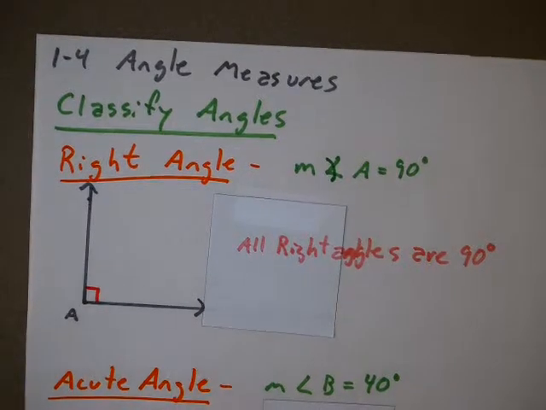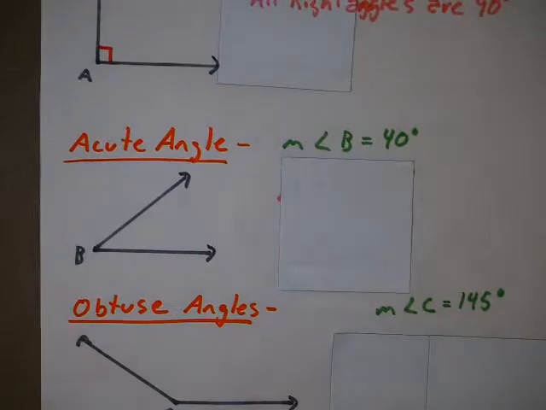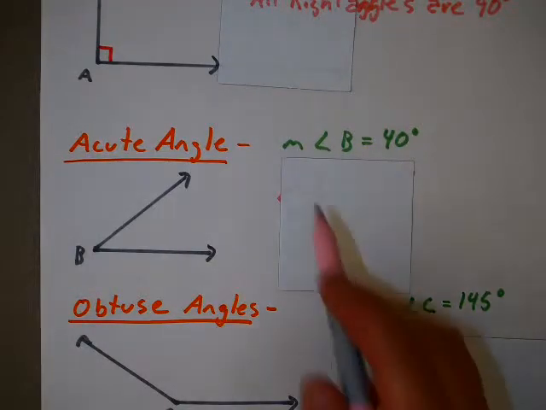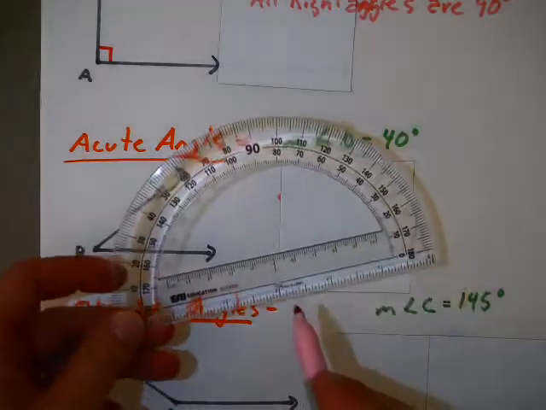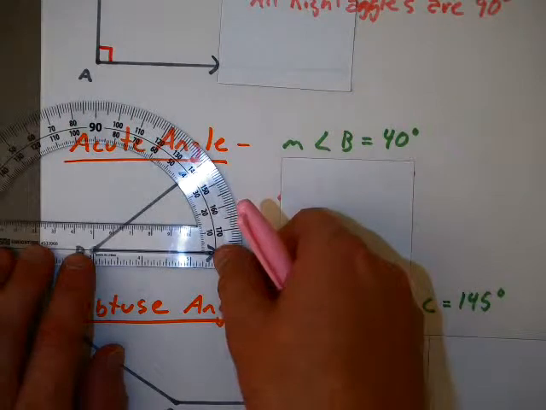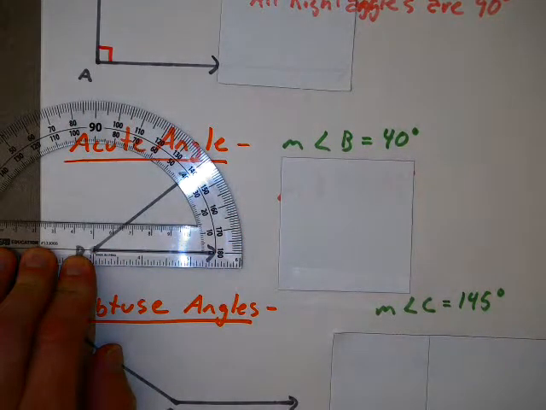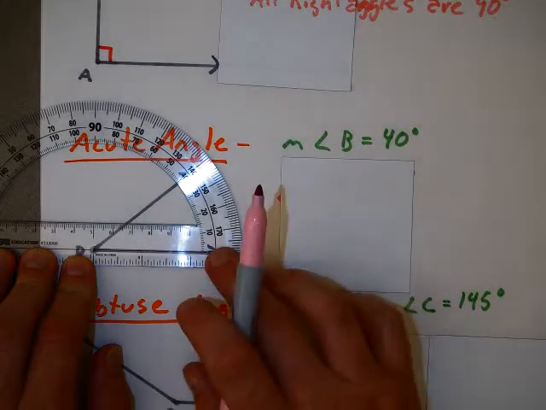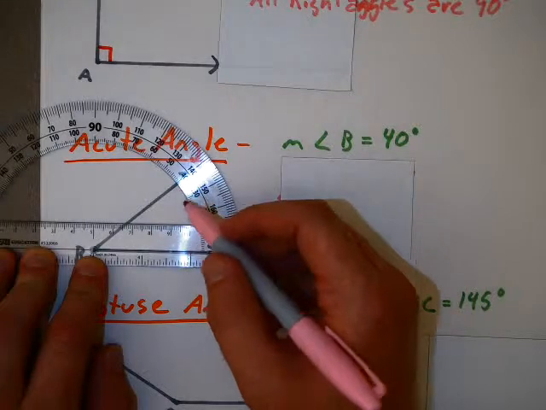Okay, so second angle that I want to take a look at is an acute angle. Now, I've already measured this out, and it's 40 degrees, but I'll demonstrate for you. I'm going to take the hole, line it up with the vertex. I lined up one of my sides with this measure, and I go up and it says it's 40 degrees.